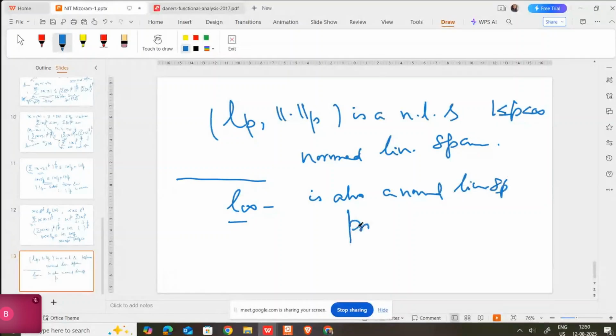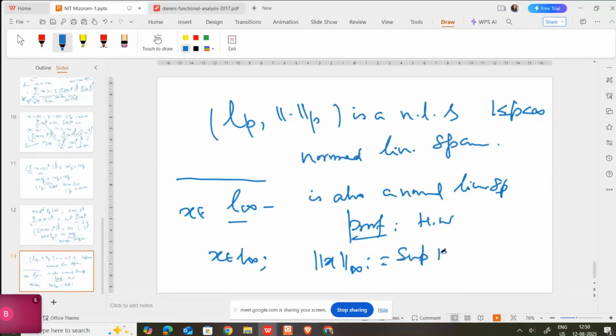Proof I will leave as homework. Proof is very simple. What is that you have to show? So what is the L infinity norm? If you take x in L infinity, then you define the norm of x infinity to be the supremum of mod xi over i. This is the norm.